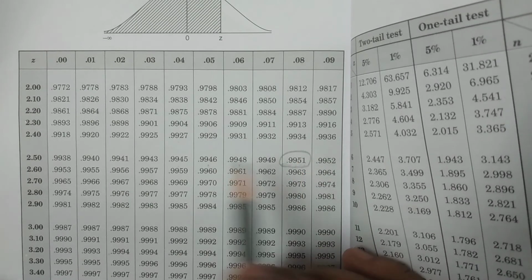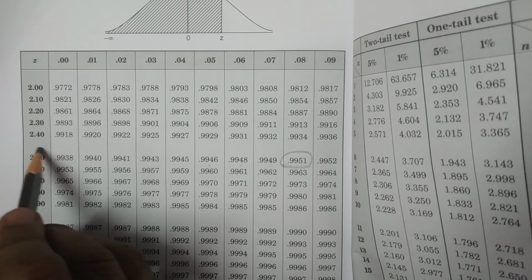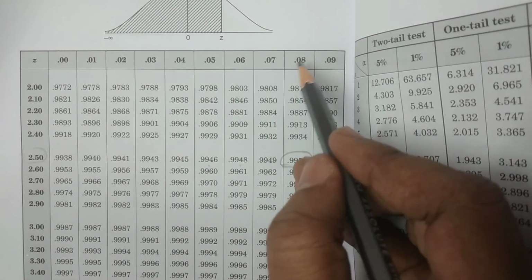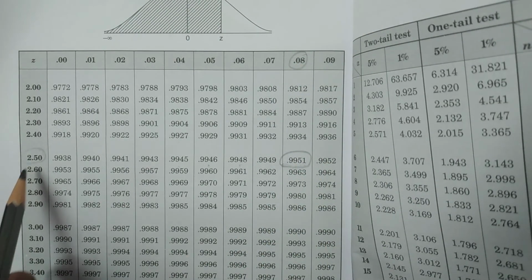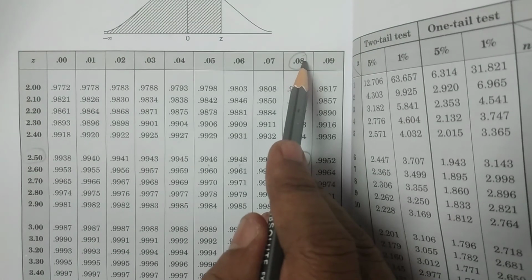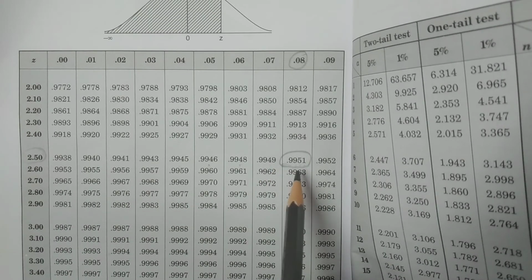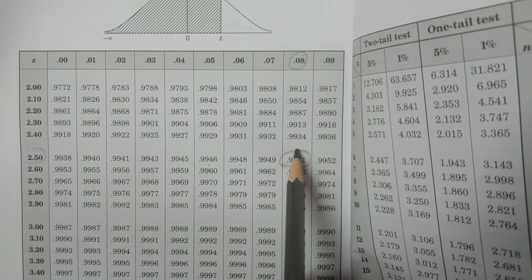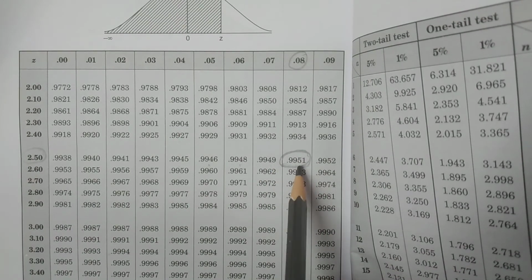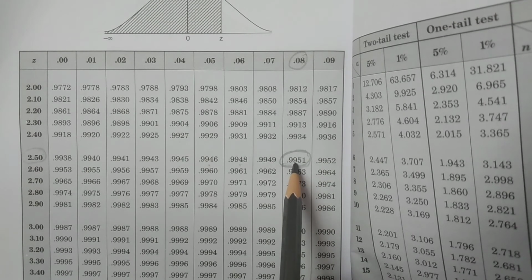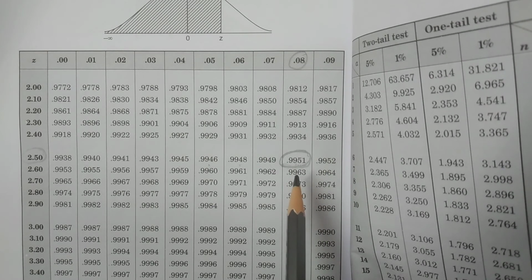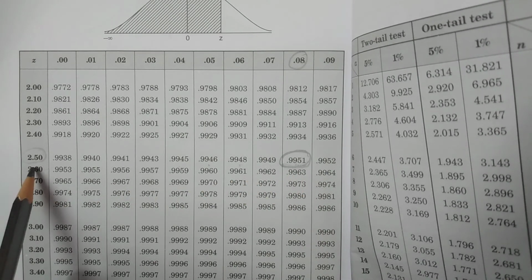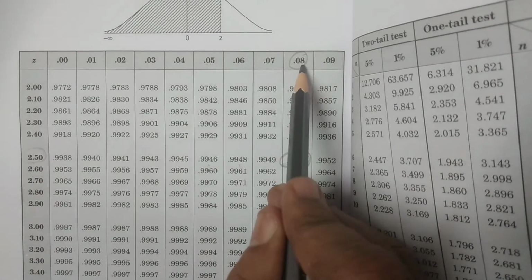So we can consider this value 2.5, and in which you have 0.08, that is 2.58. Hope you understand. 0.995 is the probability, for this area we have to calculate what is the value of Z alpha. The corresponding value of Z is nothing but 2.58.